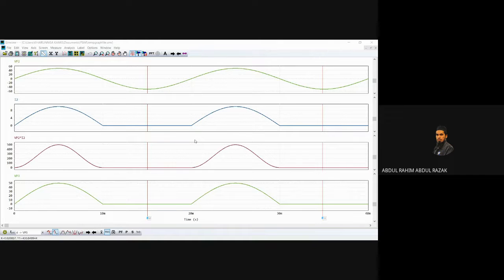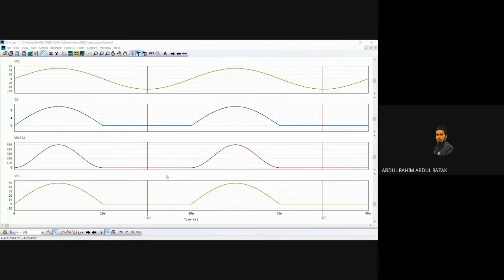If you can see, when you measure at V in, you are supplying a pure sine wave to the system, but when measured at the load, the voltage that passes through the load is only the positive cycle. So what the converter does is pass the positive cycle but block the negative cycle.